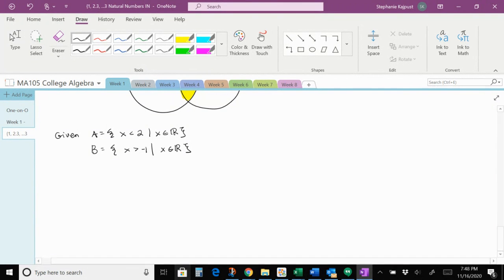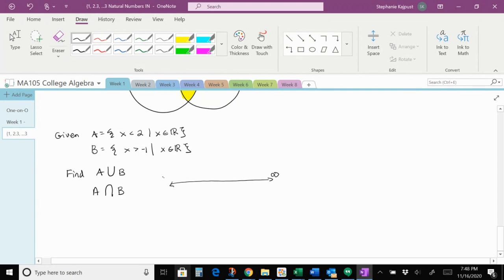So those are our two different sets. And when we want to find the union, A union B, and then A intersection B, we'll find both of these. And I do these with number lines.